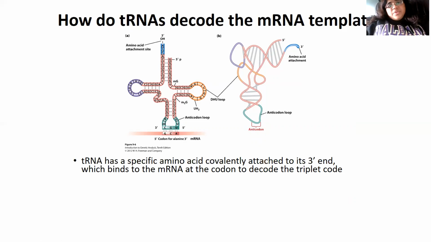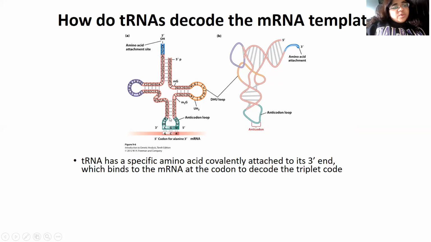Each codon is 3 nucleotides for RNA, a triplet codon. In this case, you see that GCA will bind to CGU. This part on the tRNA is called the anticodon.